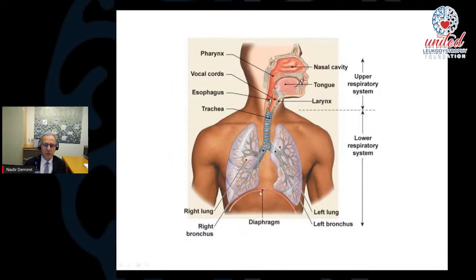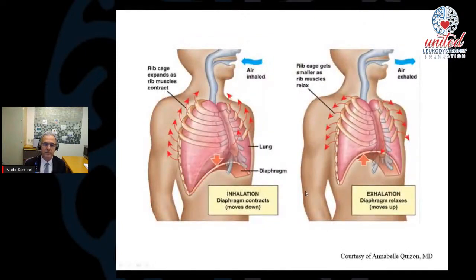You see here your diaphragm and obviously chest muscles covering the chest wall. So when the air moves into our lungs, it's an effort not of the lungs, it's an effort mainly of the diaphragm.